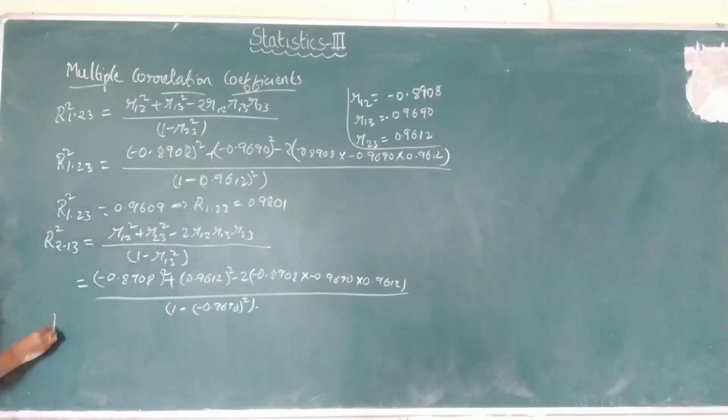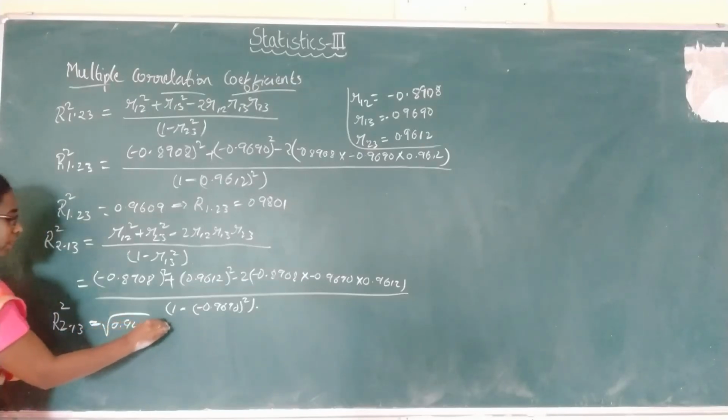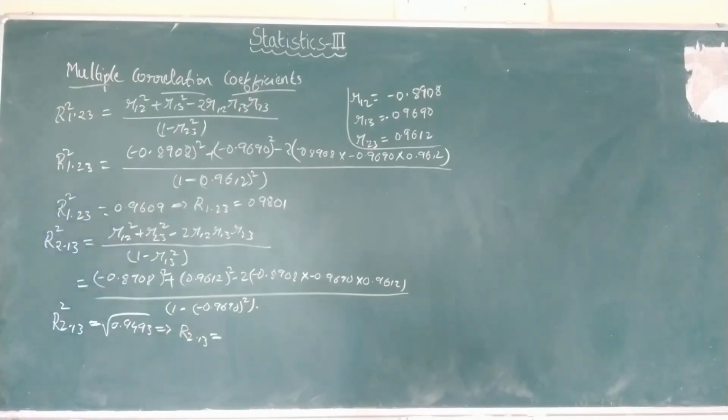So you will get R square 2.13 as 0.9493. Which implies the required multiple correlation R2.13 value is 0.9743.